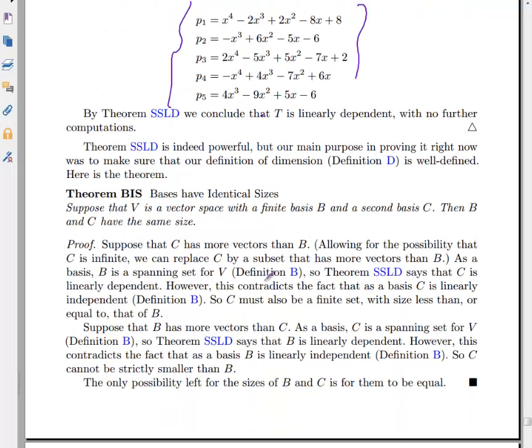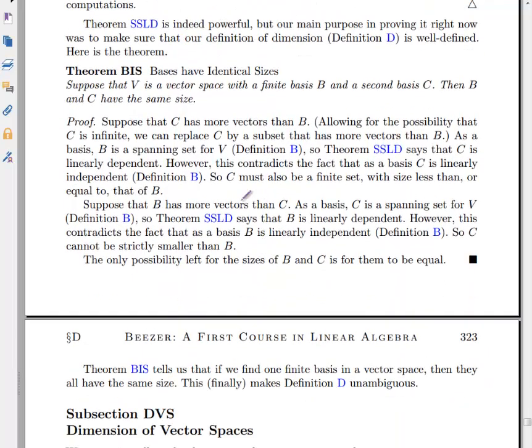So I told you that this theorem that we just showed is a stepping stone to the important theorem, which is that bases have identical sizes. I want to show that every basis of a vector space or any basis of a subspace has the same dimension. Two different bases of the same space have the same dimension.